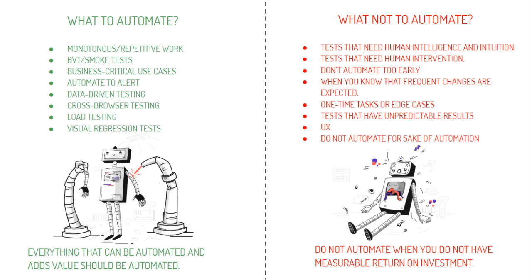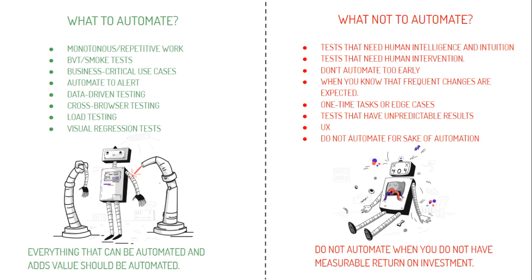You can also automate cross-browser testing when you have to test a lot of test cases on several browsers, several operating systems, and several screen sizes. You can also automate non-functional tests like your load testing.